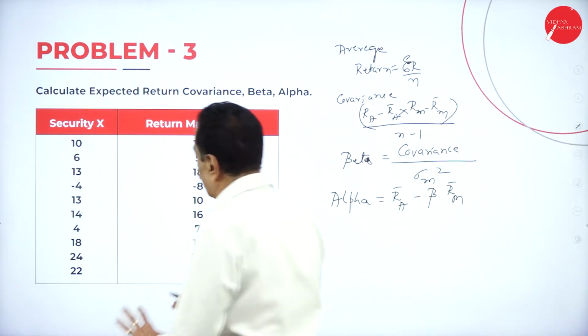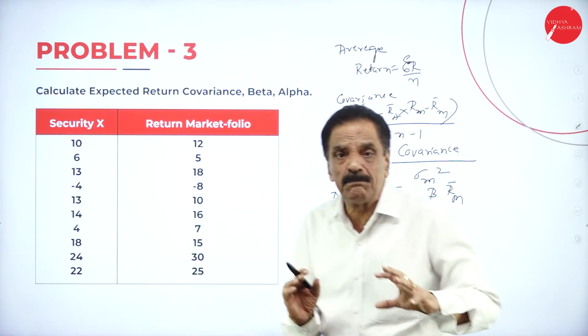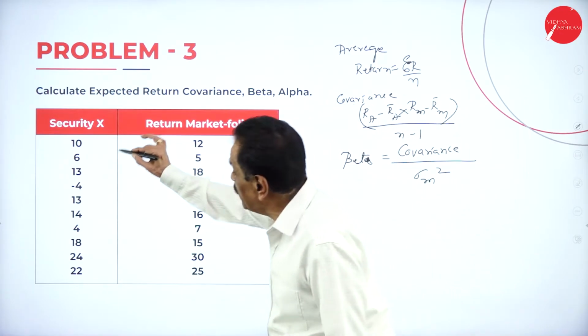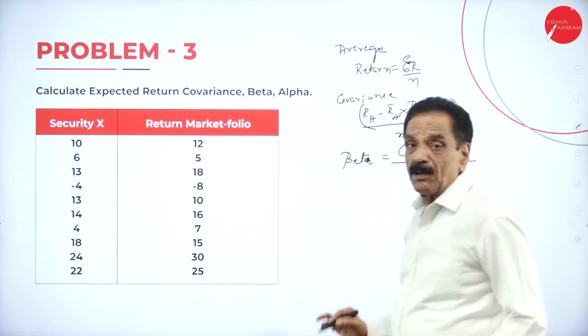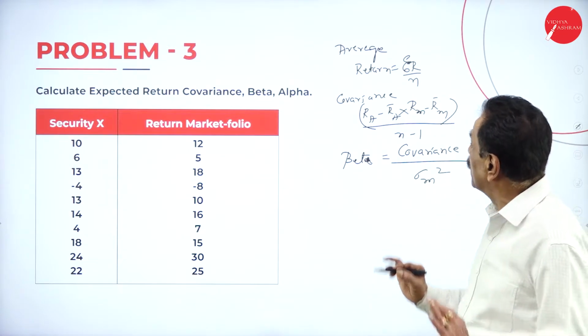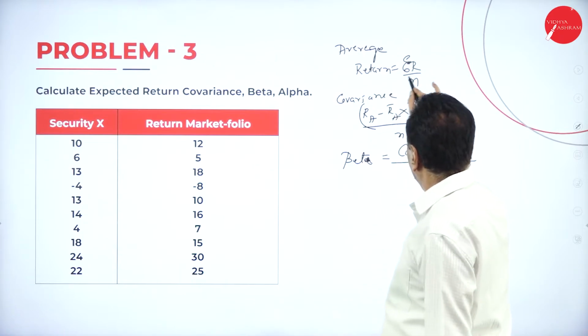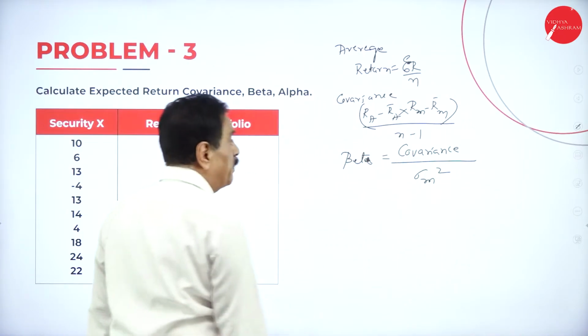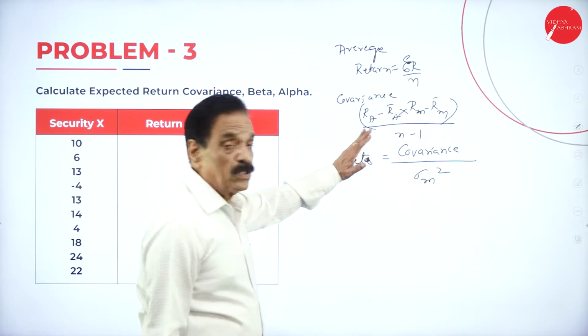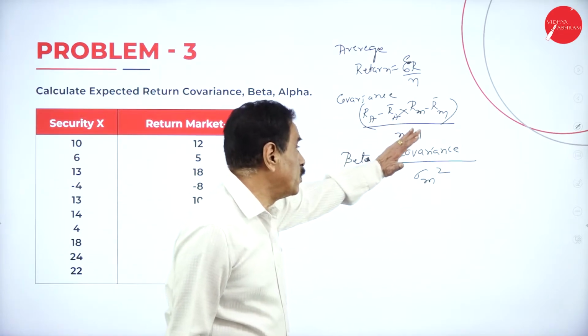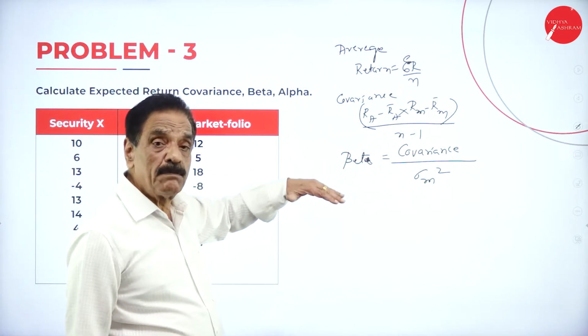You must be very, very careful because these are all individual numbers. I told you, when the individual numbers are given, when the probability is asked, instead of expected return it is nothing but average return. Sigma R divided by N. Covariance is equal to R A minus R mean into R M minus R mean divided by N minus 1.